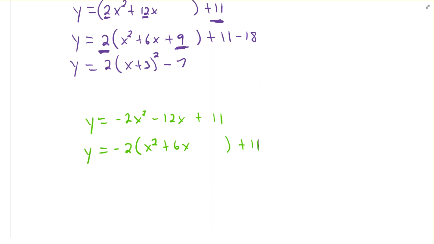Now, we're going to do the same type of thing. We're going to say negative 2, it's going to be x plus 3 squared. I got to figure out what goes in there. Well, you'd say, okay, well, a 9 goes in there, so plus 9.